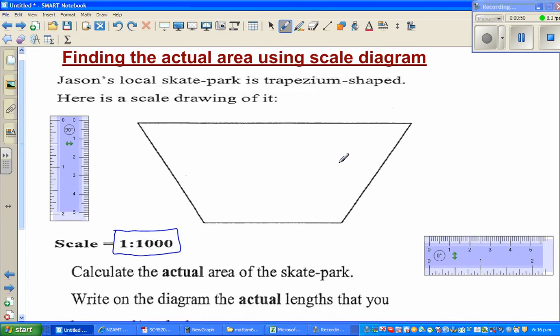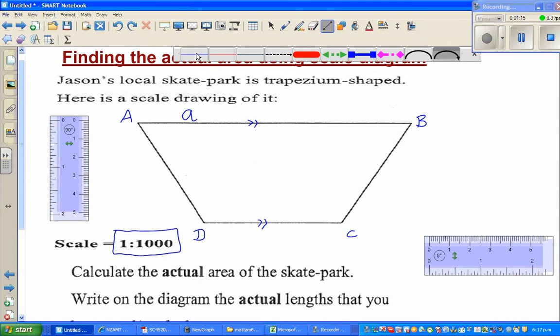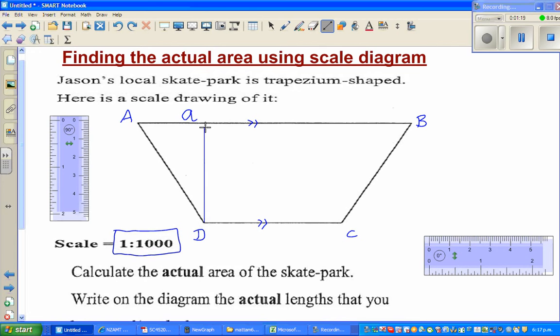To find the area of a trapezium, let me discuss the formula first. These are the two parallel sides. Let us name the vertices A, B, C and D, and suppose this is the perpendicular distance between the two parallel lines.